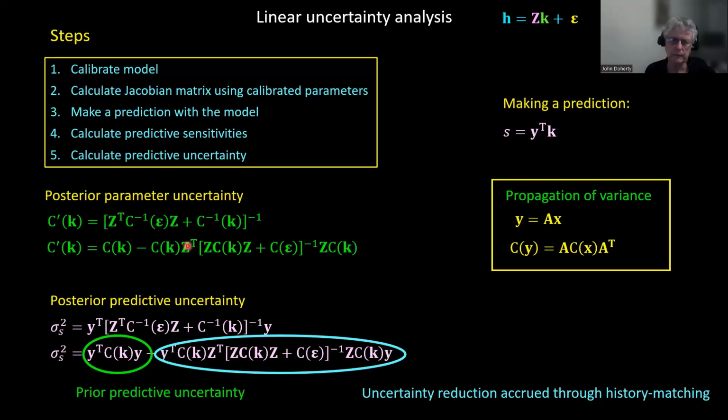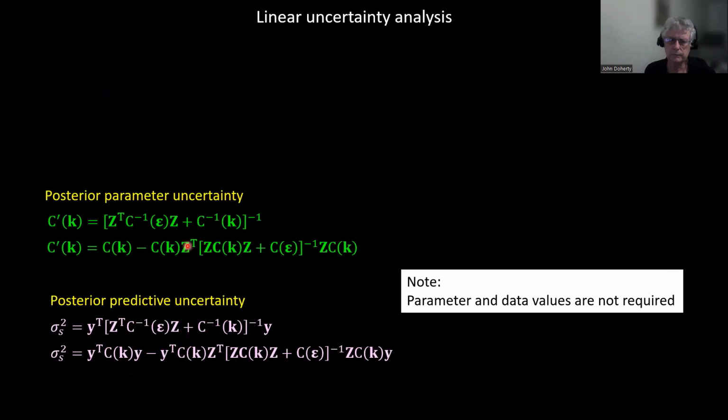So we know that linear analysis is always going to be approximate because models are not linear. However, there are some things that can tempt us to use these equations, some conveniences that accrue in no other way, just by the fact that we are assuming a linear relationship between model outputs and parameters.